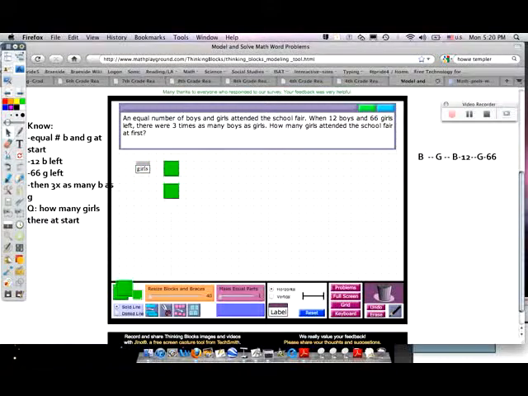So I'm going to put 1, 2, and 3, and I'll throw up another label, and let's say that is boys. Now, we know for that to have happened, whatever the total was for boys, they must have lost 12. So we don't know what that total was to start with, but whatever it was, they lost 12. The girls, on the other hand, whatever their total was, they lost 66.